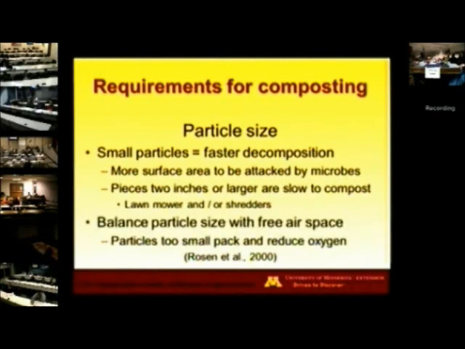Now, you don't want to have all your organic material too small, because obviously those small pieces are going to pack together and you're going to have a very compacted pile, and you'll find out that you're not going to have enough free airspace. So it's really a balancing act.